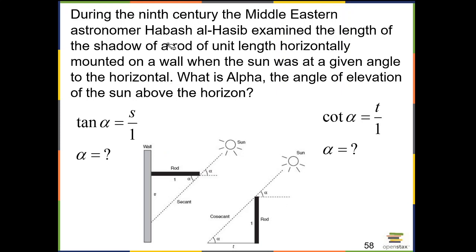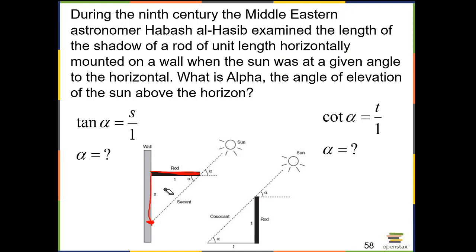Now here is a historical fact about a Middle Eastern astronomer called Habash al-Hasib. The pictures you see here come from a book I'm going to show you in a second. Basically, if you put a rod vertically on the wall and the sun shines on it, it's going to have a shadow.